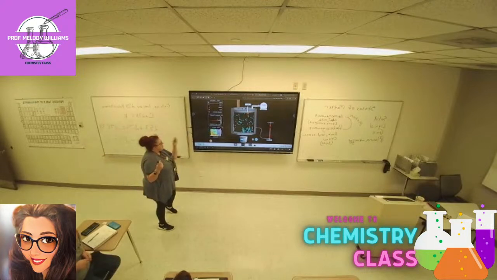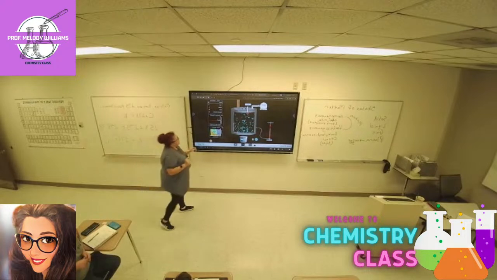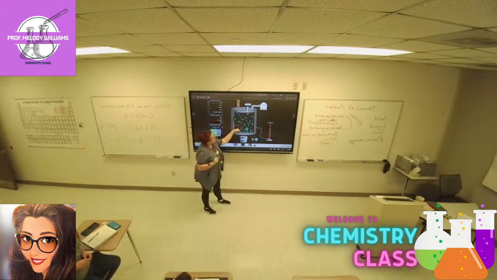We talk more about this in general chemistry too, but here are things you need to keep in mind. If I reduce the volume of this, that's going to affect the state of matter. If I remove heat, that's going to affect the state of matter.